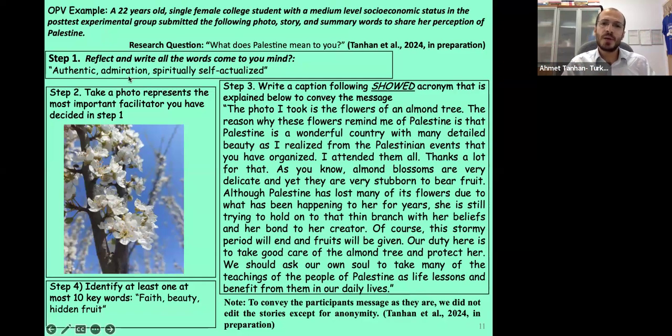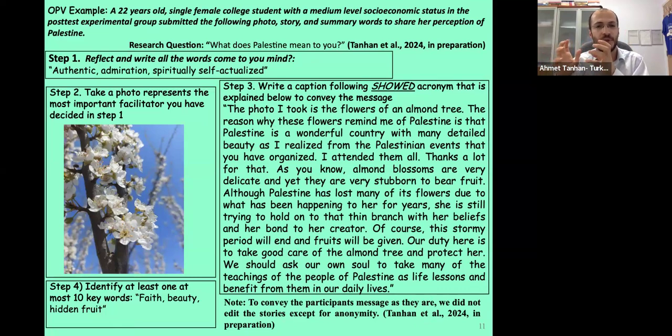So in step one in OPV, we say reflect and write all the words that come to your mind when you hear, what does Palestine mean to you. So at the post-test, just getting your attention, that is a post-test, she wrote: authentic, admiration, spiritually self-actualized. So that is a person who attended 6 weeks and is sharing her experience, her phenomena about Palestine. What does Palestine mean to her, and what kind of phenomena is in her mind?